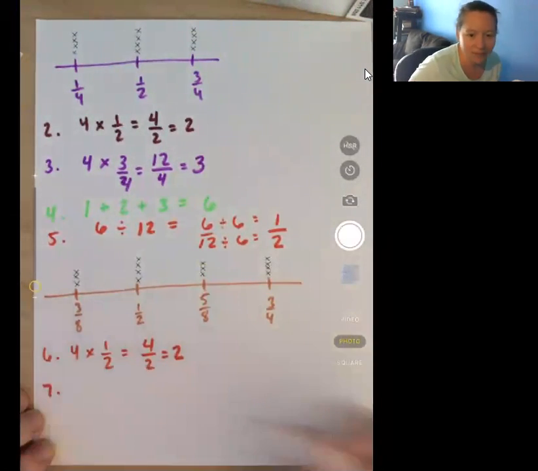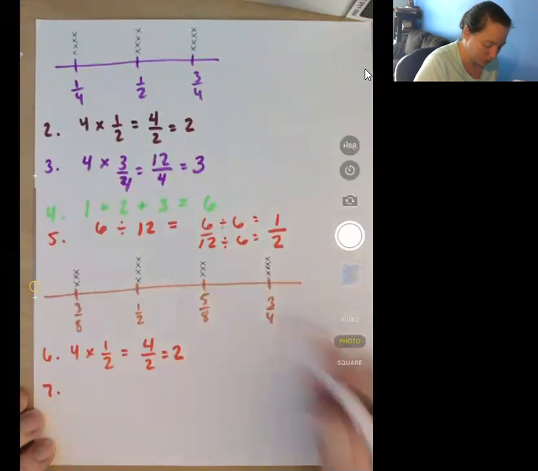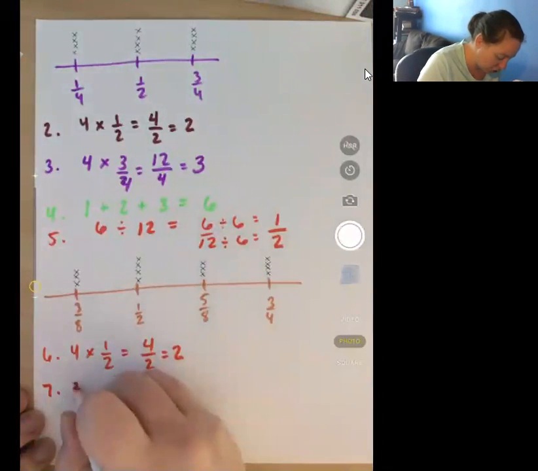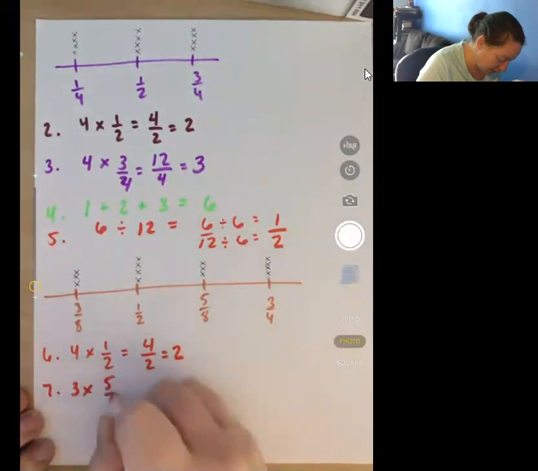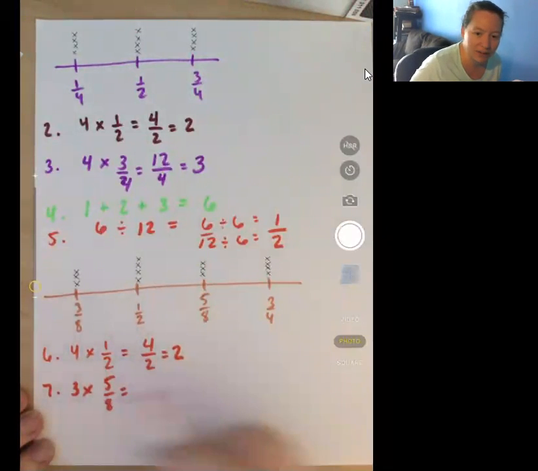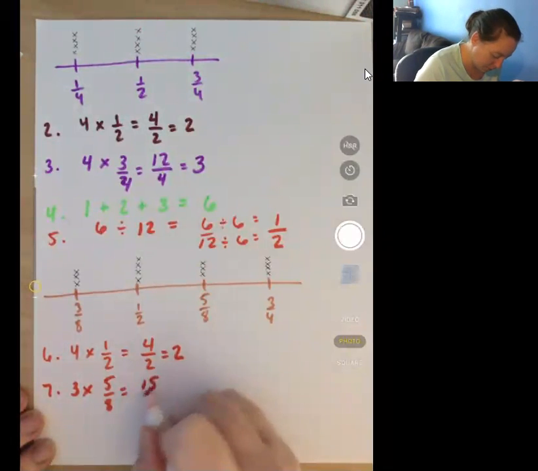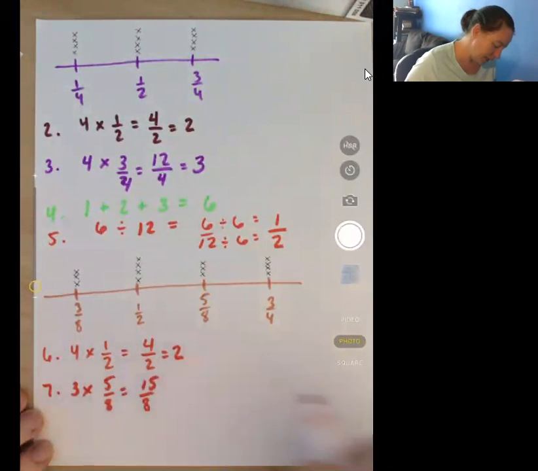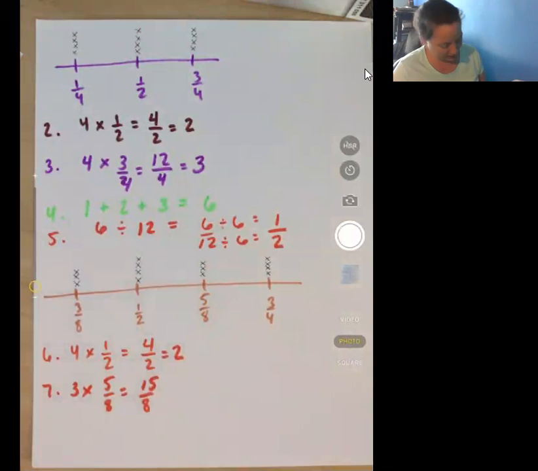What is the combined length of the 5/8 inch crystals? I have 3 5/8 inch times 5/8. 3 times 5 is 15 over 8. And so I'm just going to leave it as 15/8.